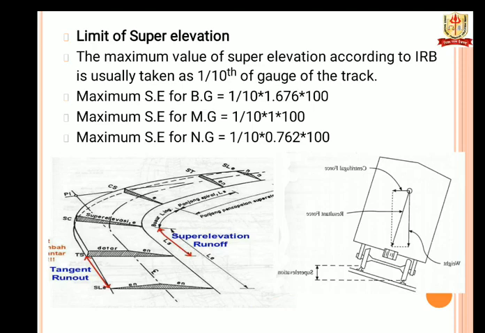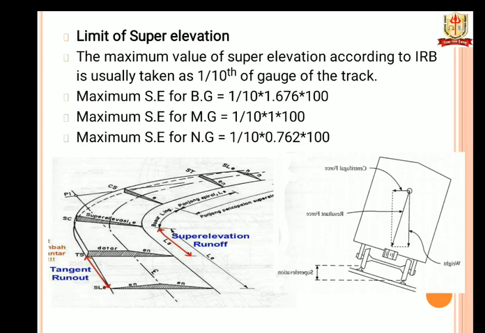Limit of super elevation. The maximum value of super elevation according to IRP is usually taken as 1/10th of the gauge of the track. So maximum super elevation for broad gauge is 1/10 into 1.676 into 100.